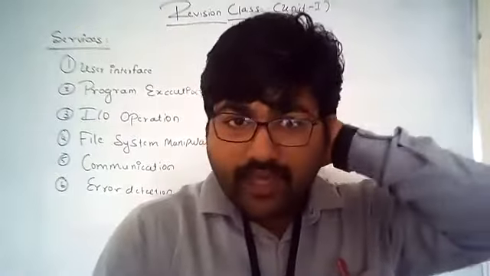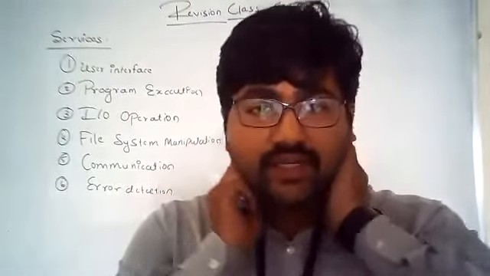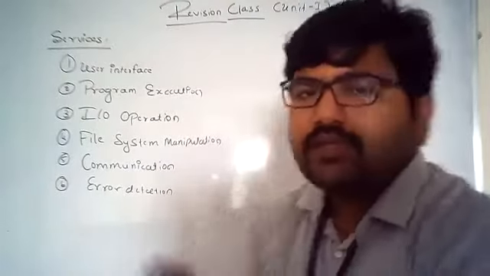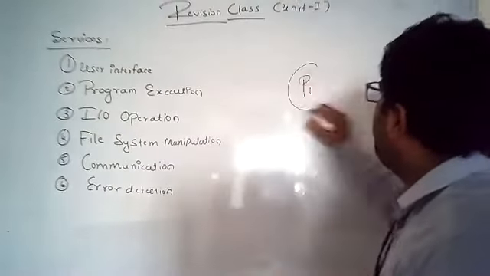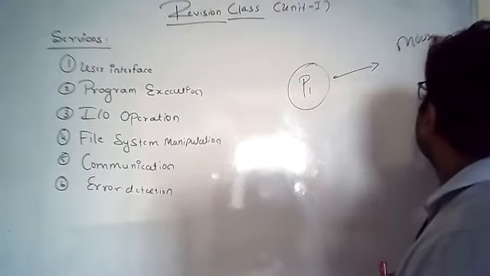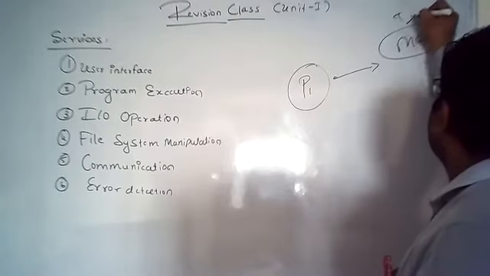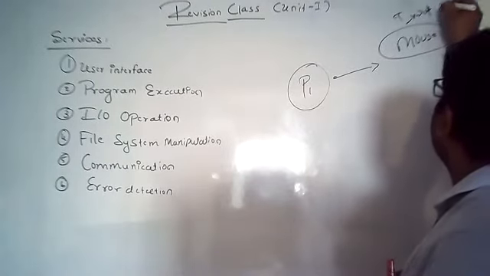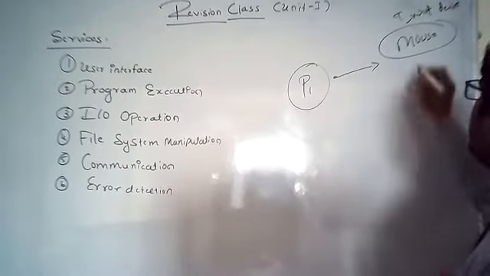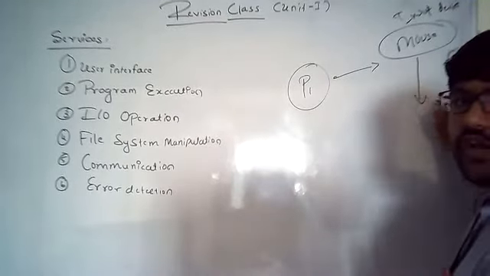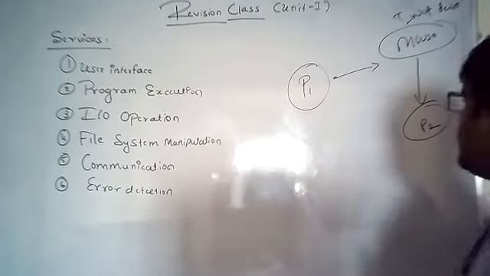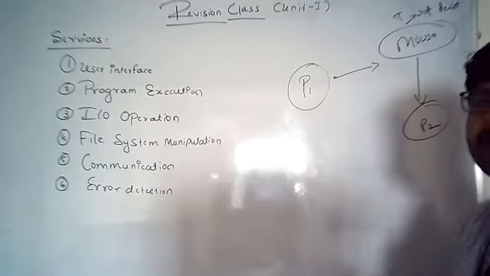What is the service it is giving? IO operation means a process P1 is waiting for the mouse, which is nothing but an input device, but the mouse is already allocated to P2, another process.